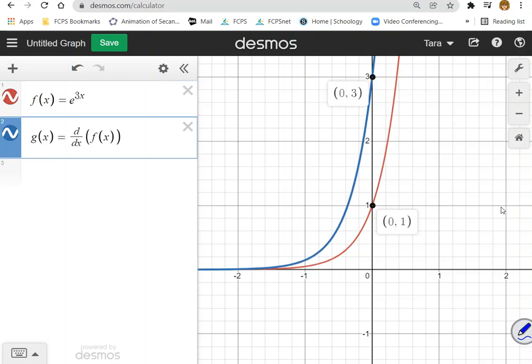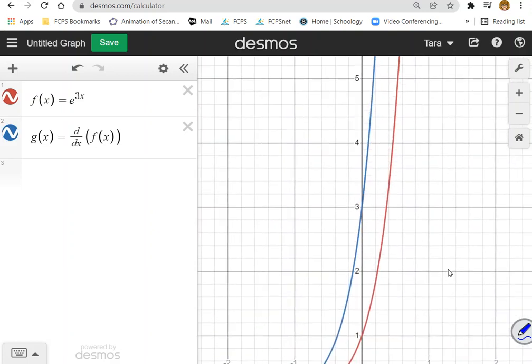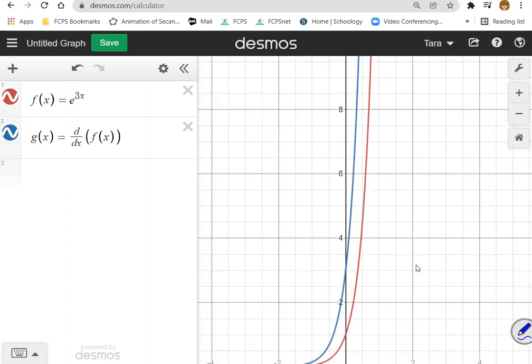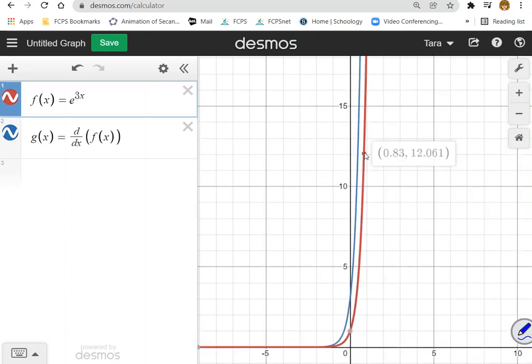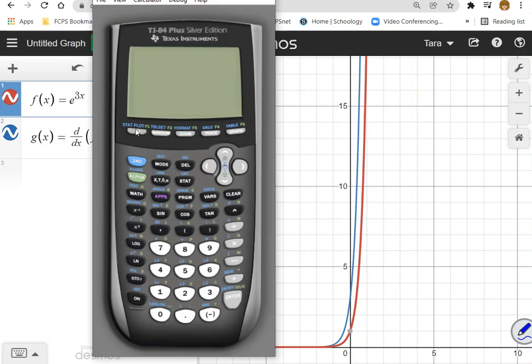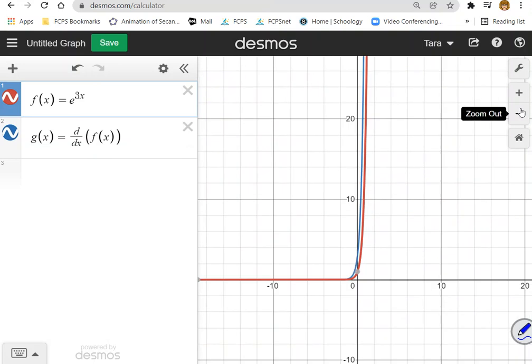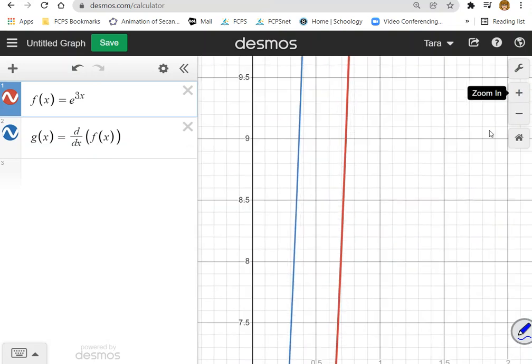On the new function, it goes through 0, 3. I can't do very much else with points. Okay, so clearly it's something different.